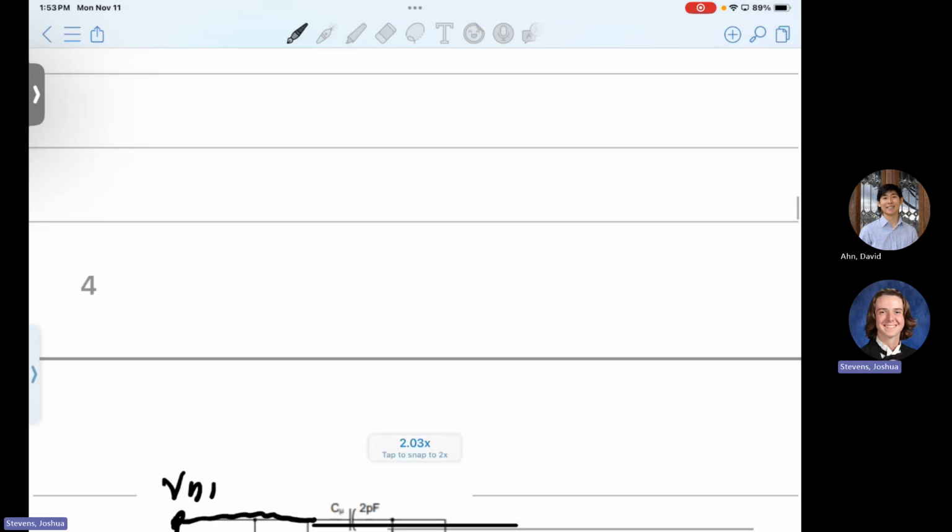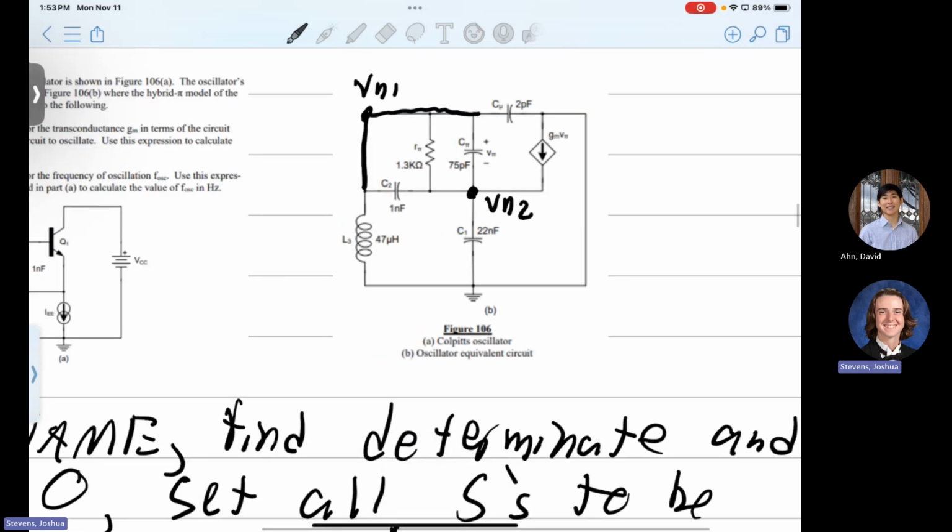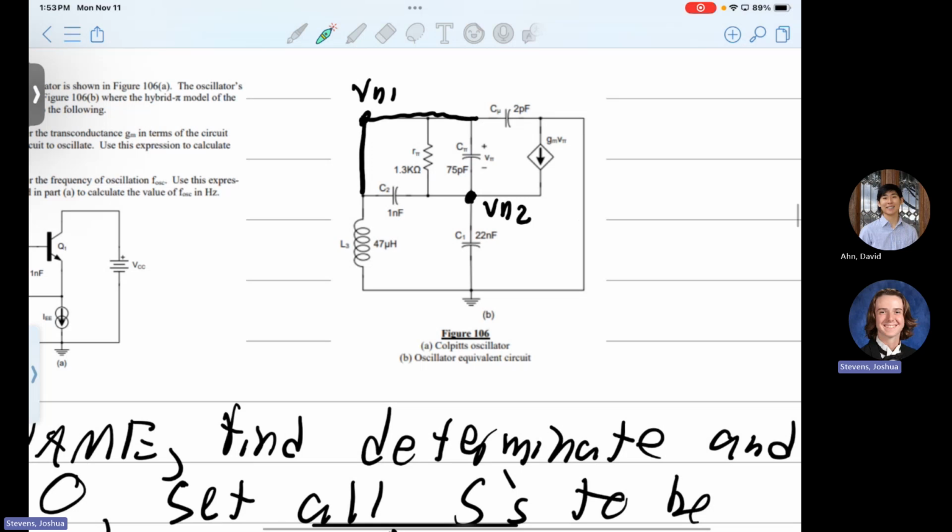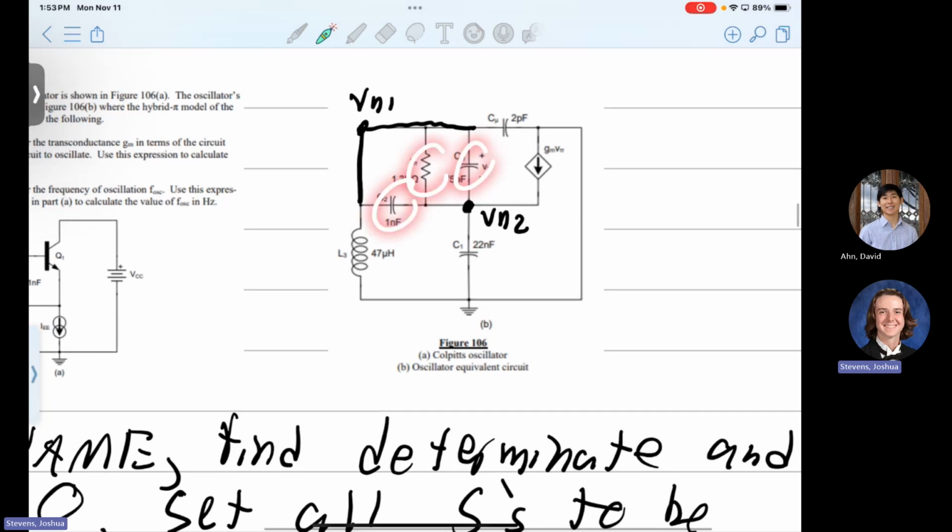So the things that are touching VN2, my bad. Oh yeah, this is touching that VN1, we're good. That, and that. So C1, C2, C pi, and R pi. Or if we're in admittances, G pi.